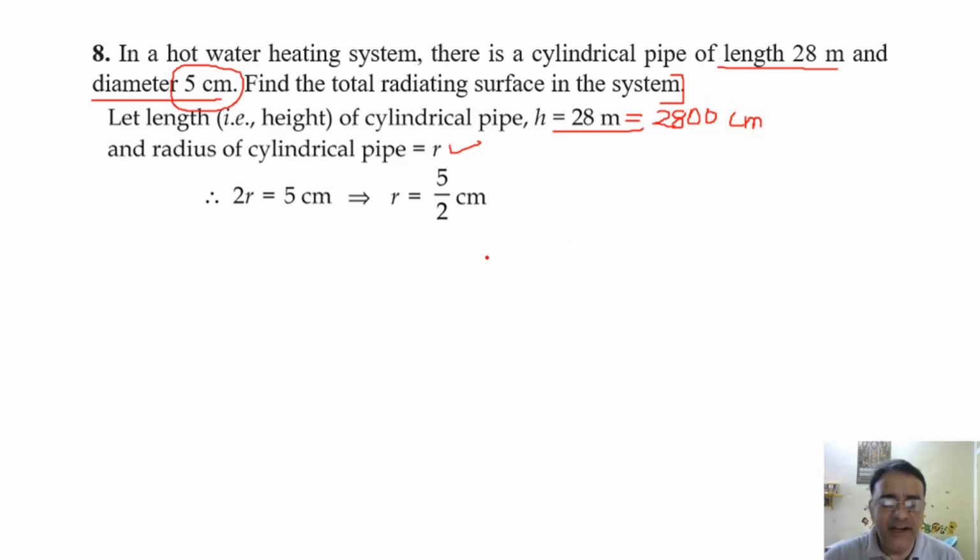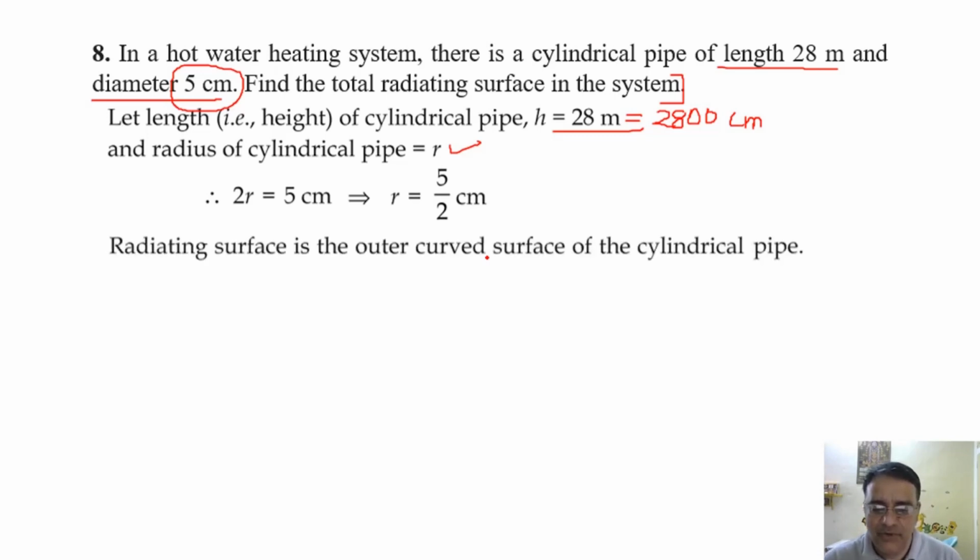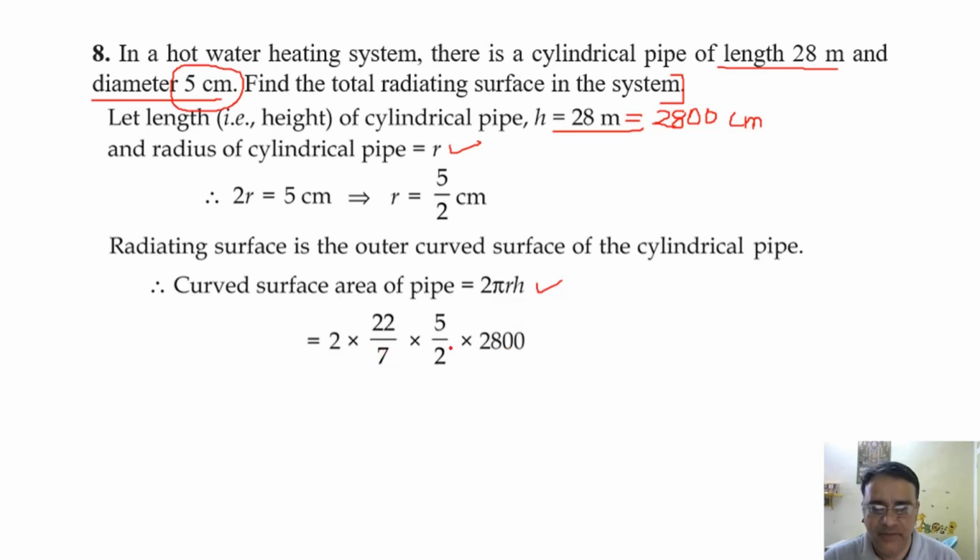Now the radiating surface is the outer curved surface area of the cylindrical pipe. So curved surface area of pipe is 2 pi RH. Now we'll substitute all the values: 2 into 22 by 7 into 5 by 2 into 2800. One 2 is cancelled and this also we can cancel, 400.